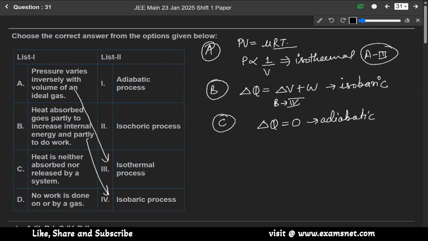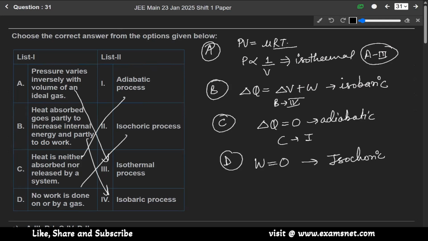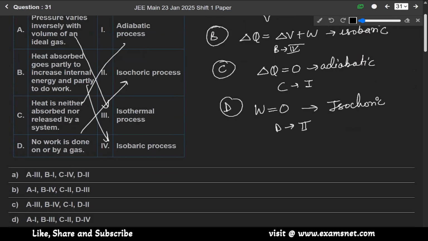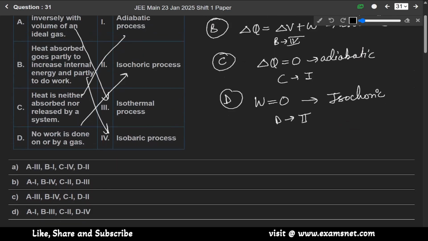So C matches with first. And D, no work is done on or by the gas, meaning total work done is zero, and it is an isochoric process. So D matches with second. So A matches with third, B with fourth, C with first, and D with second. It means option C is the correct answer.